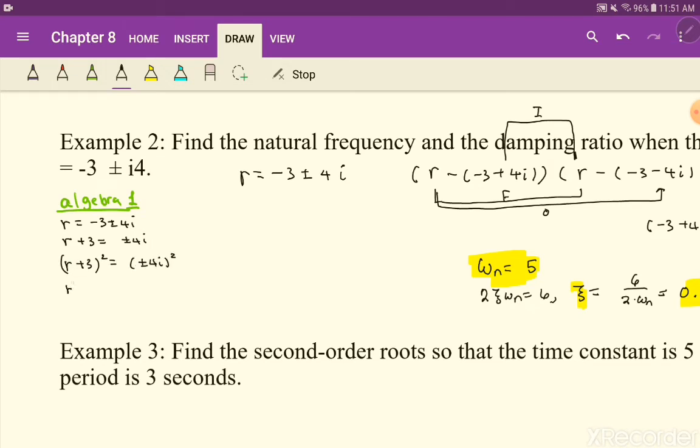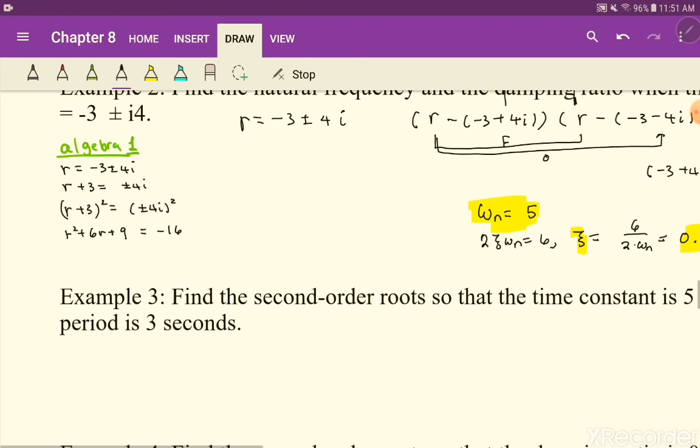So this is r squared plus 6r plus 9 equals, what is plus minus squared? That's just positive. Square it, -16. Is that right? 4i times 4i, i squared, that's -1. So move the -16 over. So what do you have? Okay, here it is.